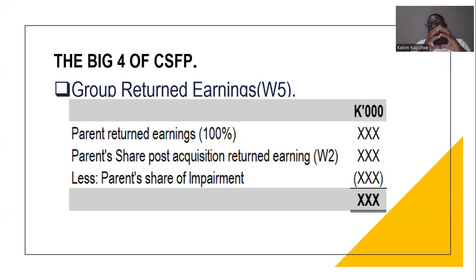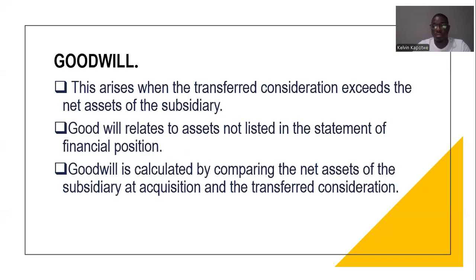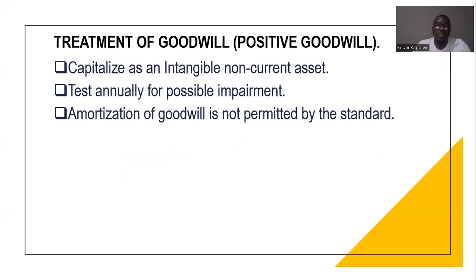So these are the key things that you then have to deal with and understand in the consolidation of the statement of financial position. All right, so goodwill, I did explain what this goodwill is, and then the treatment of goodwill. So in terms of the treatment of a positive goodwill, positive goodwill is capitalized as an intangible non-current asset.